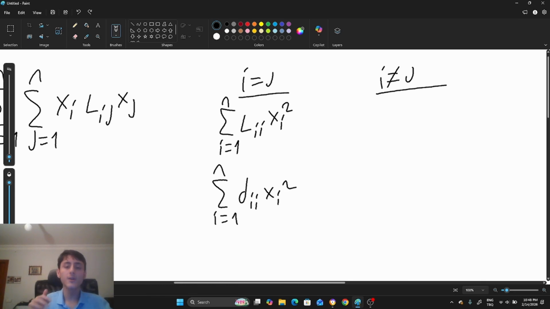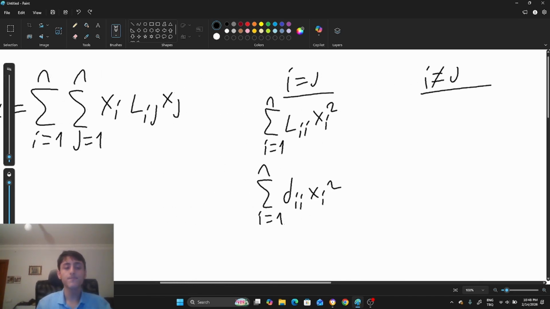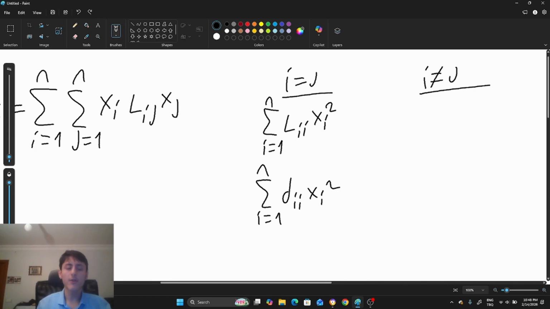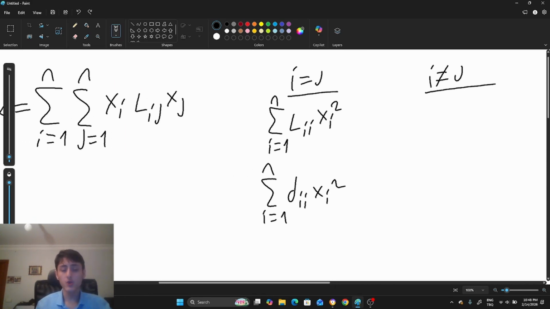Cool. Now let us continue for when they are not equal to each other. In this case, we will have our original statement, but we can simplify it by using the adjacency matrix.